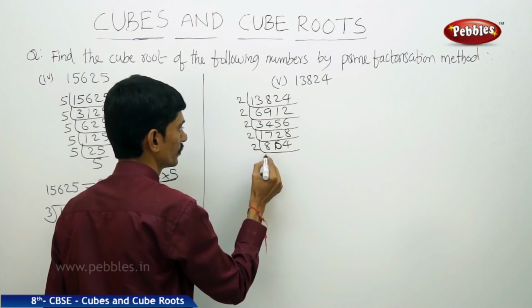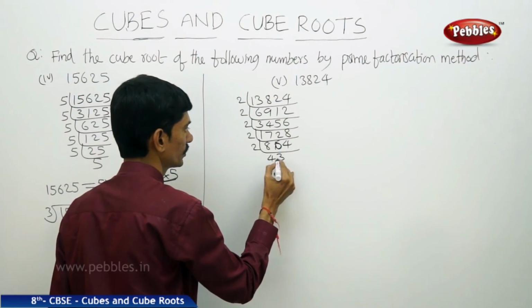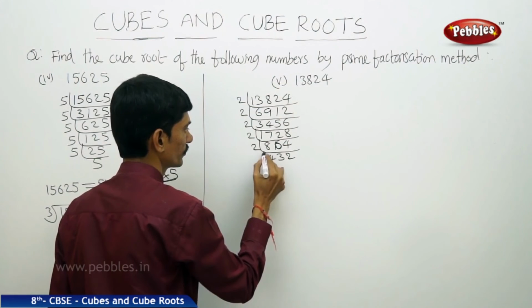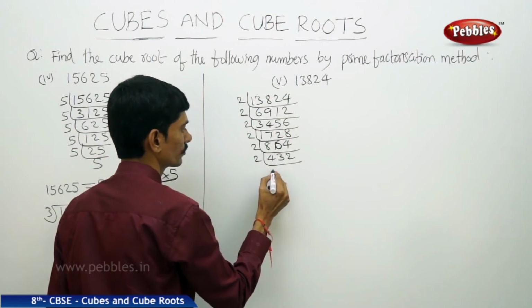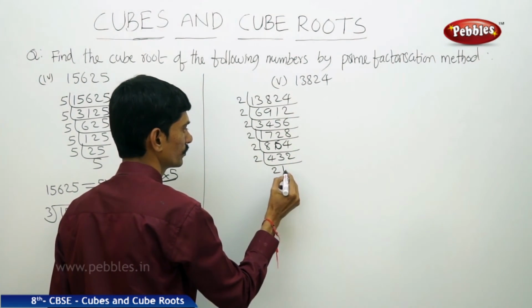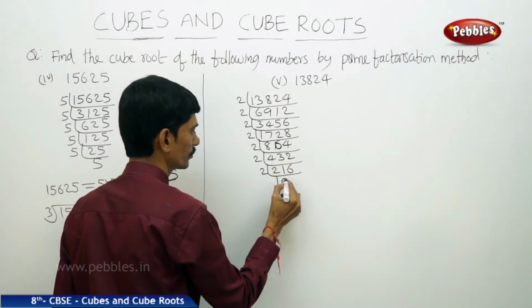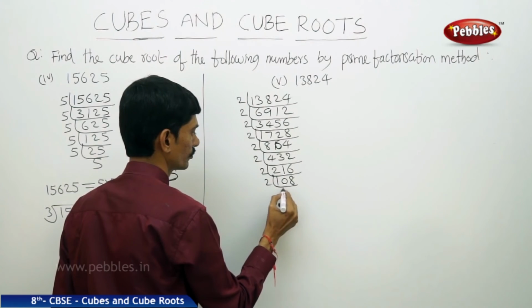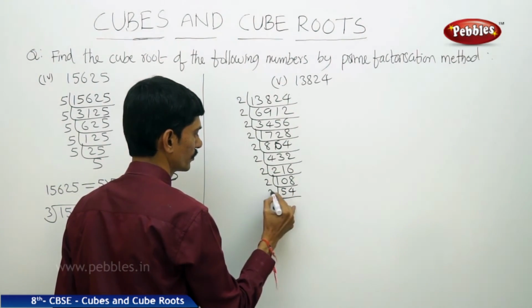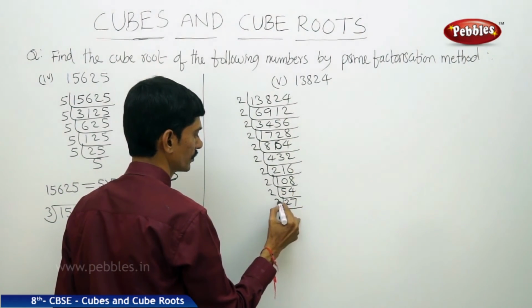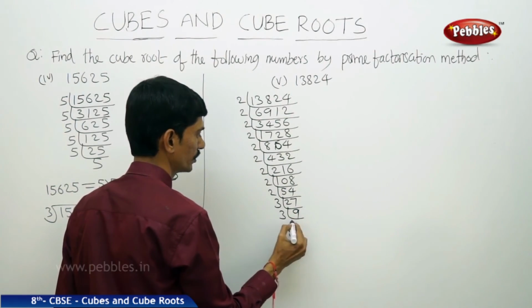Next, 2 4s are 8, 2 3s are 6, 2 2s are 4, 2 1s are 2, 2 6s are 12, 2 8s are 16, 27, 3 9s are 27, 3 3s are 9.